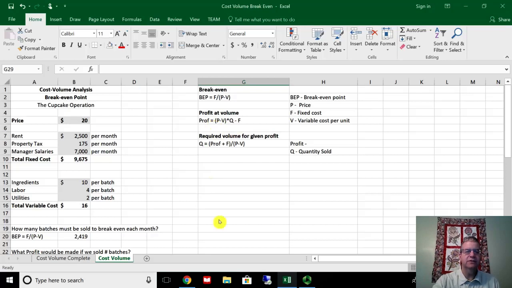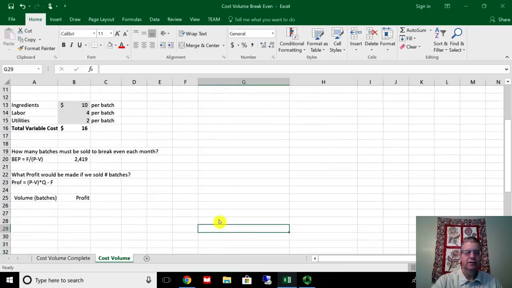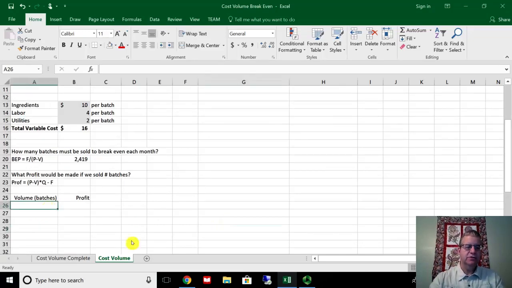So that's what our profit is. We want to try a couple different numbers here. We know from the previous problem that at 2,419 batches, our profit's going to be 0. This problem is going to tell us profits at all kinds of different volumes.